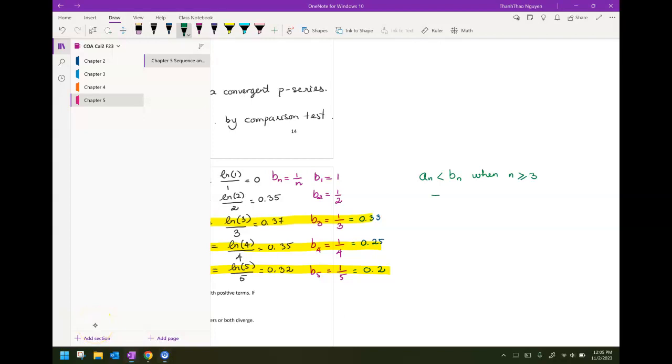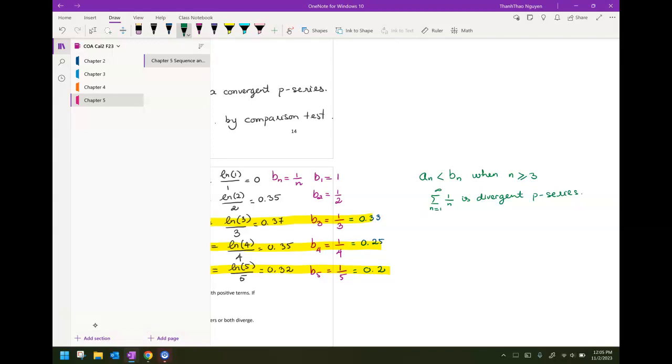And we know that the series for n equal 1 to infinity of 1 over n is divergent, a divergent p-series. Okay.